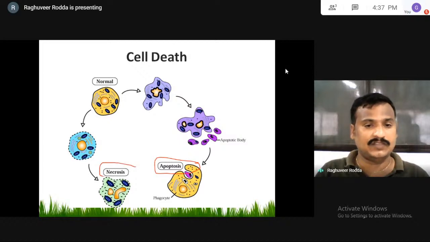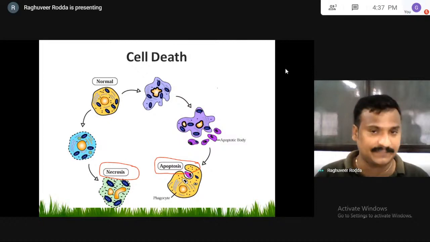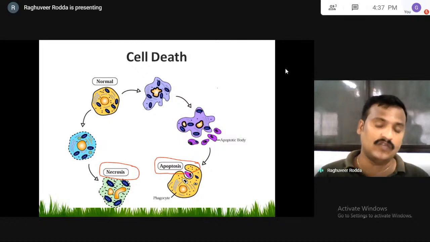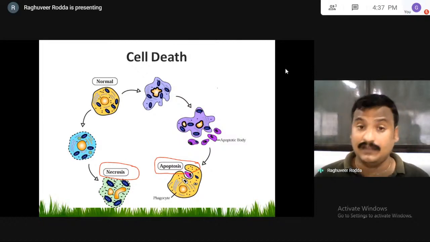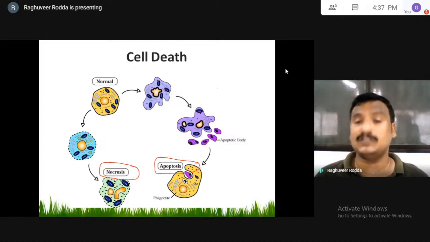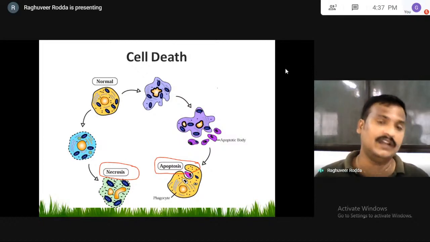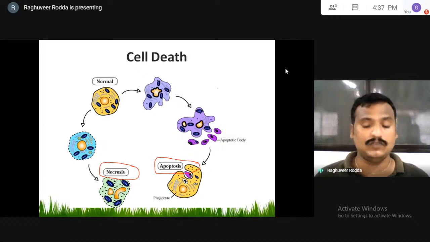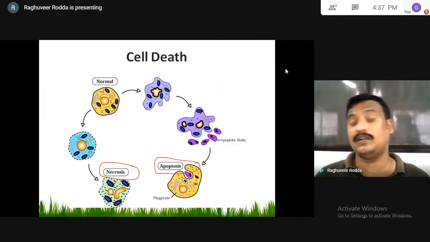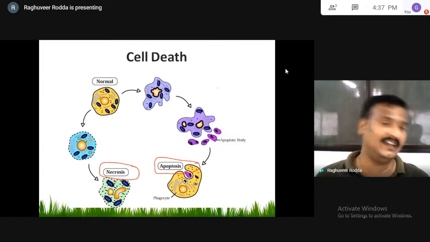And another pathway is called necrosis. When the reversibly injured cell reaches the point called the point of no return, then even if reperfusion occurs or the stimulus is removed after that point, the cell loses all its vital content, and it is not going to regain its structures from the existing cellular content.